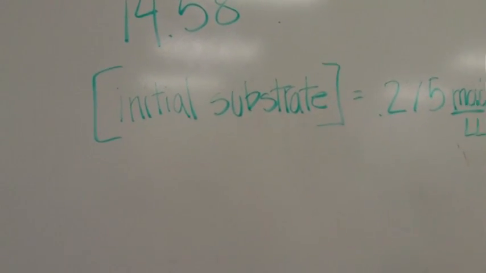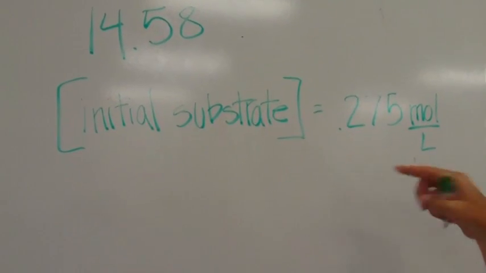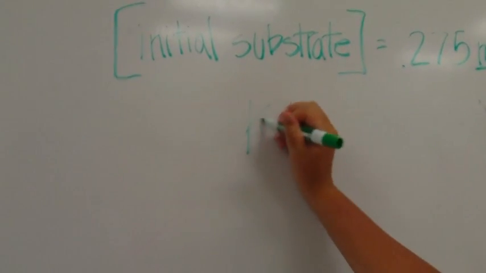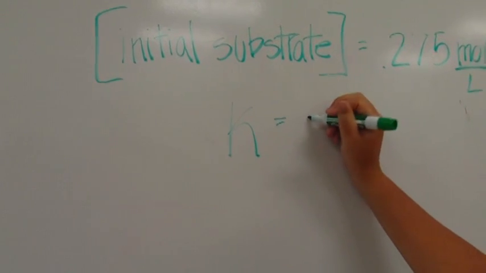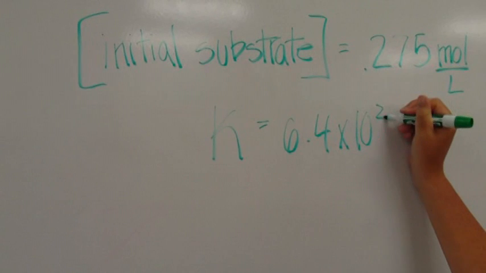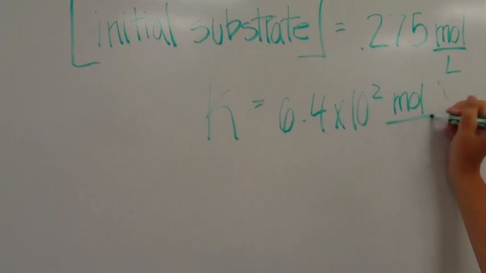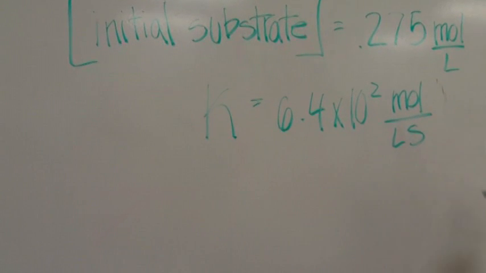So in the book, they give us the initial substrate concentration as well as the K value. And they said that K is equal to 6.4 times 10 to the second mole per liter per second.